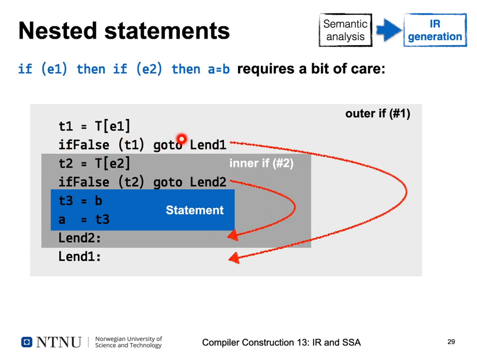Now you have to jump to end, but you cannot generate it directly because you need to recurse and generate code for this additional if instruction. So you have an inner if, evaluating expression 2 and checking that one. And finally, you have your statement. So you have to recursively add the inner end label first, and then add the outer end label to ensure the correct execution order, no matter which path you take through your nested if statements.